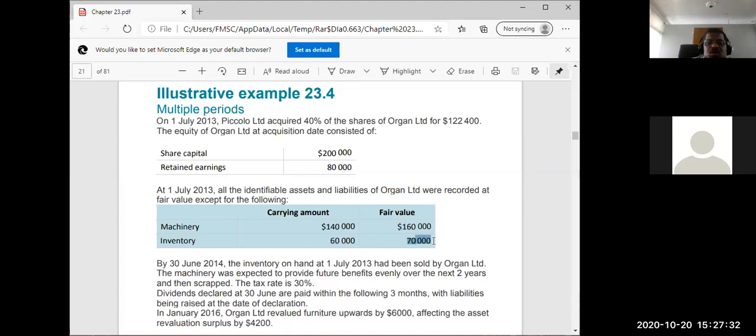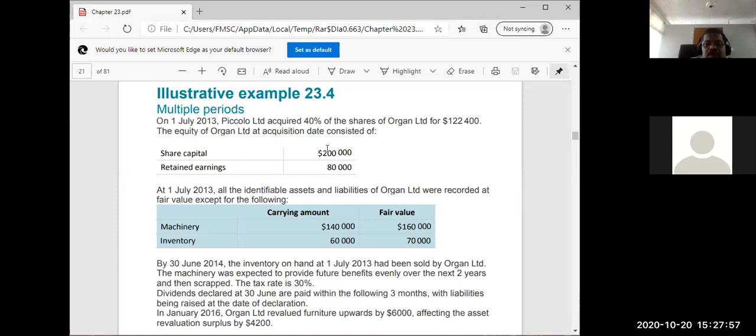So we are trying to increase the assets. Here we are increasing the assets by 20,000, and here by 10,000. That is the story. Since these are book values, the equity as at acquisition date is in terms of book value.